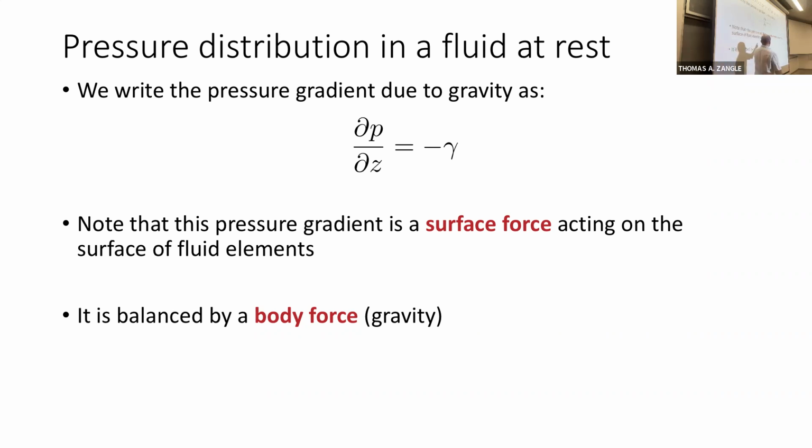So this is another statement of force balance. When we derive the equations of fluid motion, we're also going to essentially do a force balance. So again, this surface force is being balanced out by a body force, a force that's felt throughout the fluid itself.